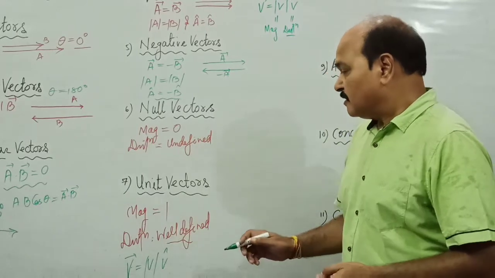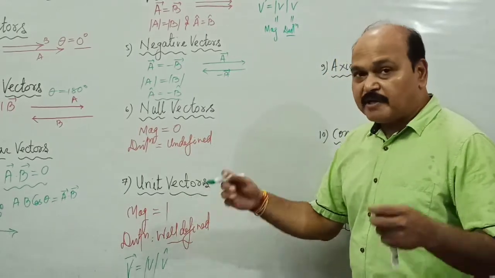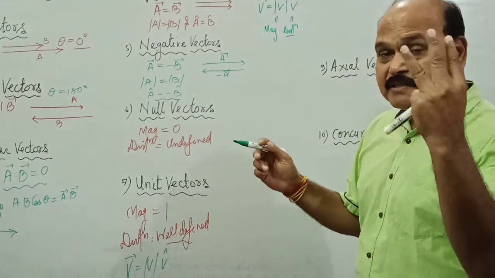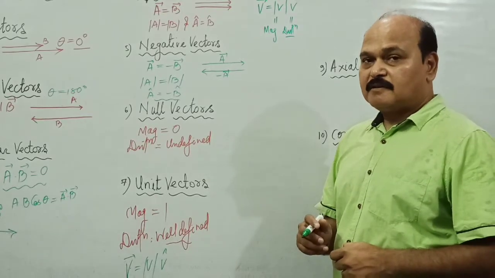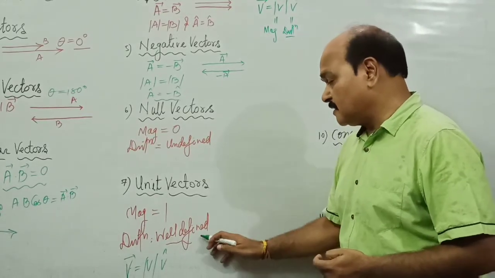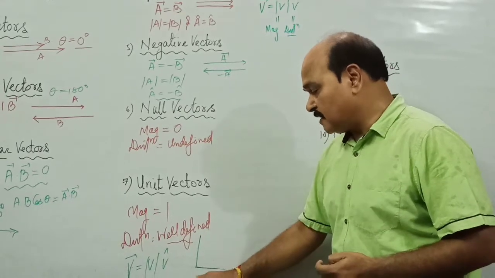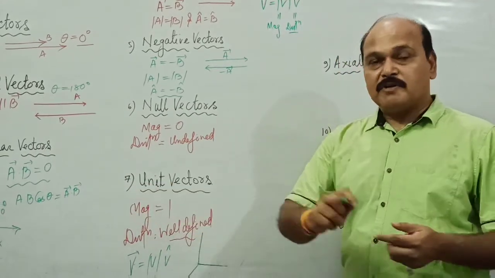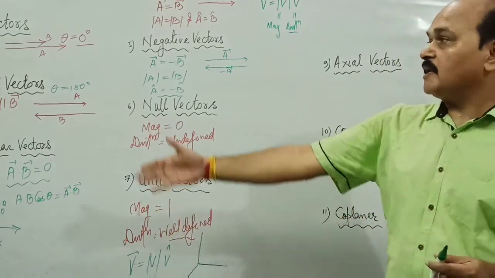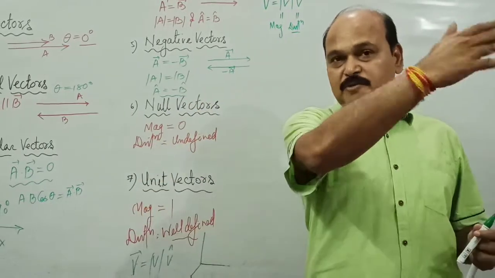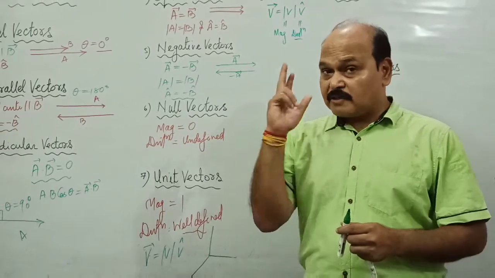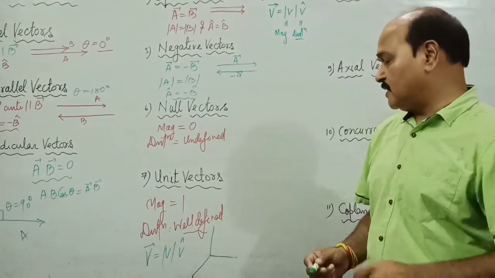Well, besides unit vectors being in all directions, there are 3 standard unit vectors in 3 standard directions in our space. We know in our space there are 3 axes, 3 standard directions. If this is a room, this is your x-axis, this is the y-axis, and this direction happens to be the z-axis. Then along these 3 directions, the unit vectors are what?